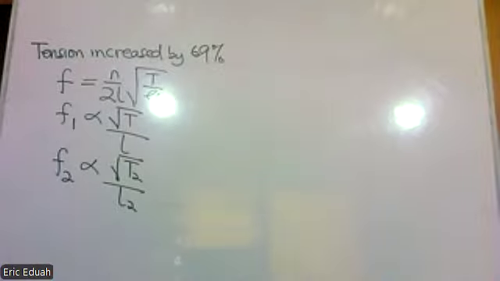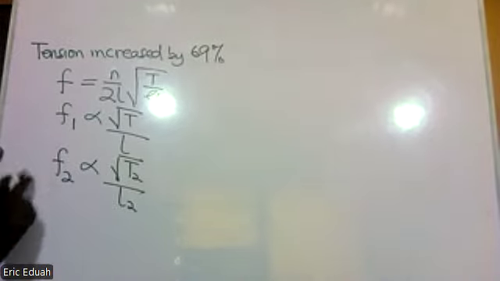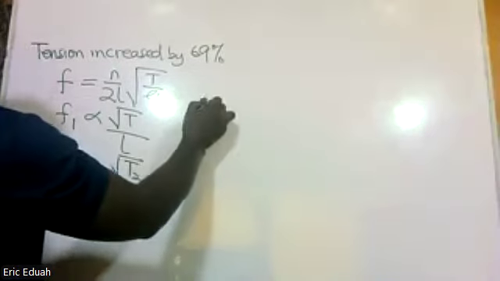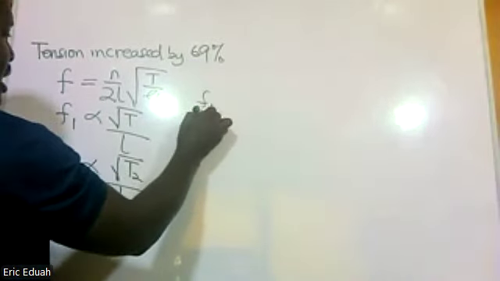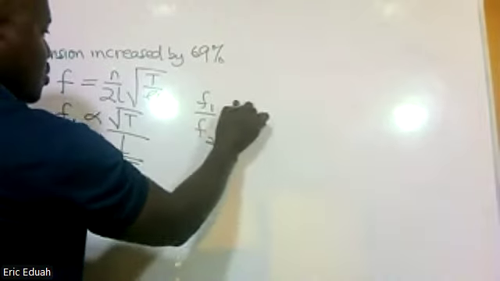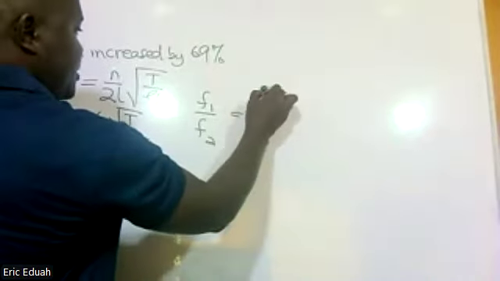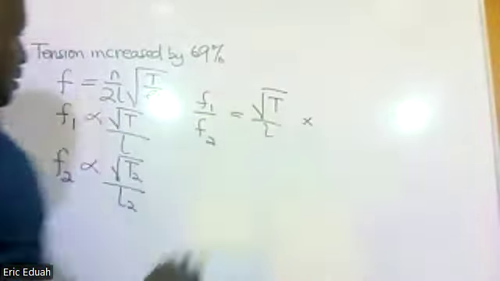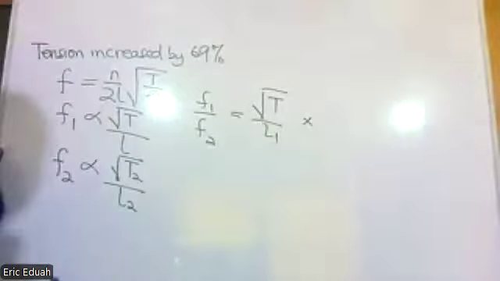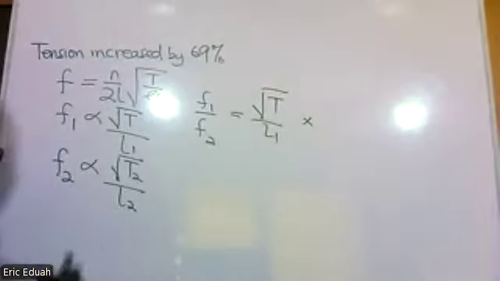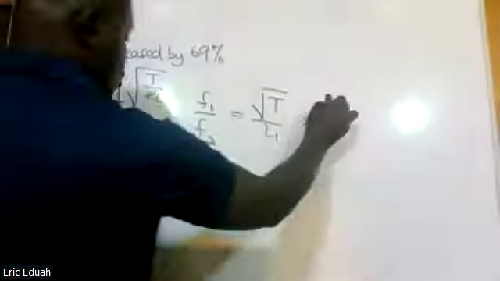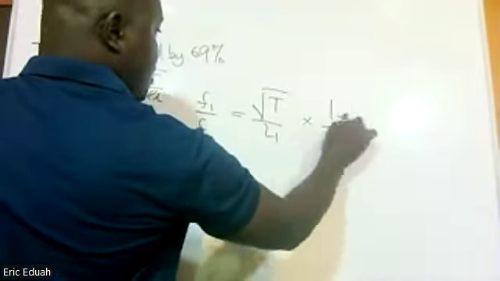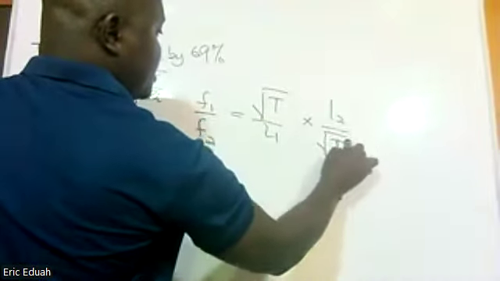If you take a ratio of this and this, F1 on F2 is equal to root of T1 on L1, let me indicate this, L1, over L2 on root of T2.